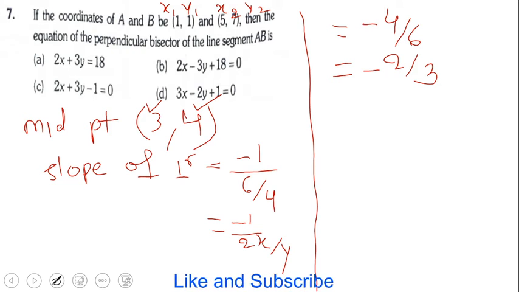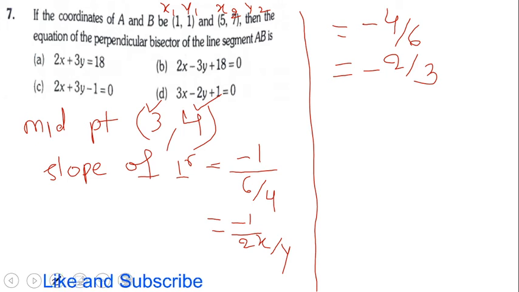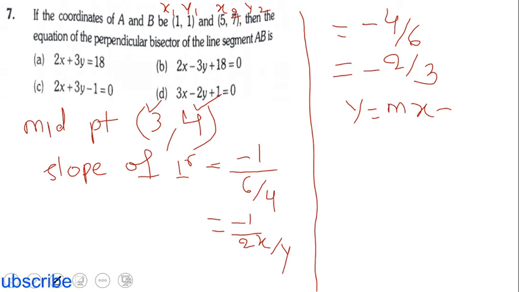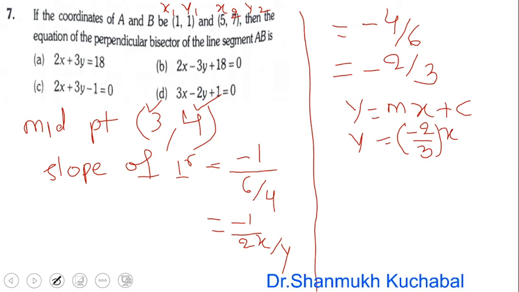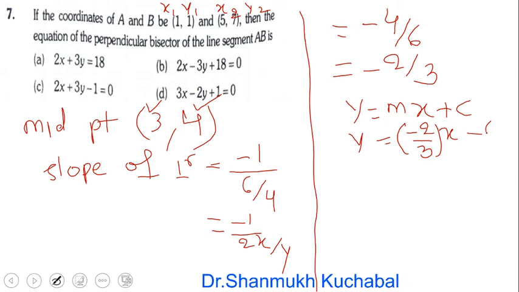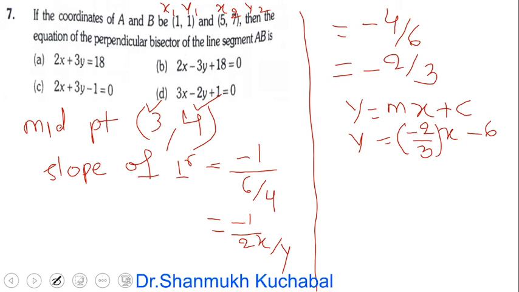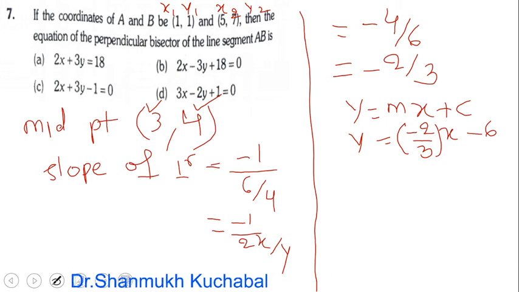Then we have to take the equation of a straight line, with the intercept form, y equal to mx plus c. Here y will be as it is, m is the slope we have calculated, minus 2 by 3 x, and the intercept is minus 6. Then further we will simplify this equation.